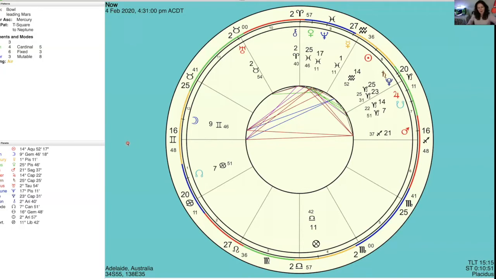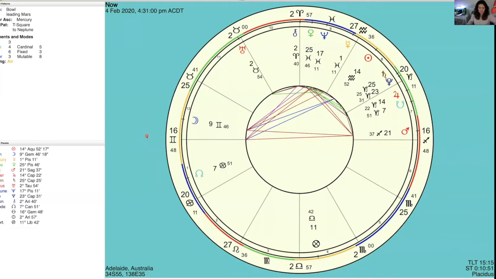So this line here from west to east represents the horizon. Anything down this bottom hemisphere of the chart represents things that are below the horizon. Anything up in this top hemisphere of the chart represents things that are above the horizon.